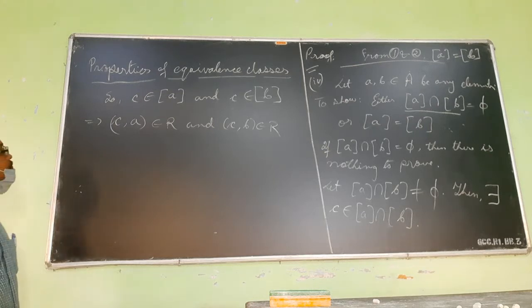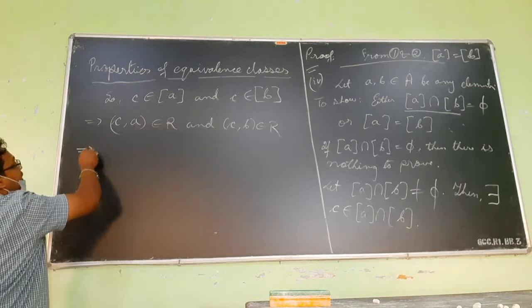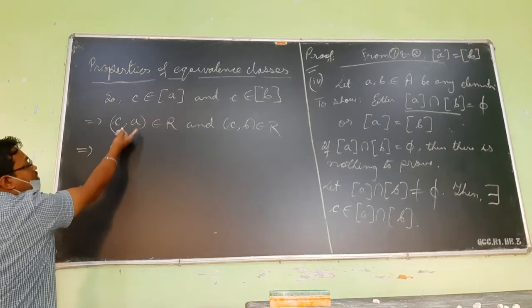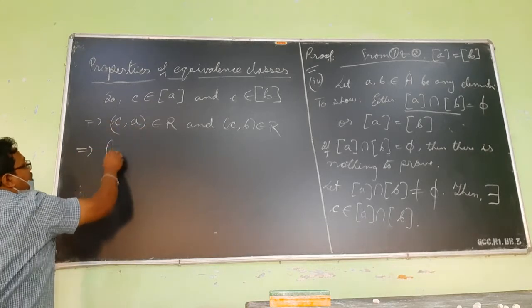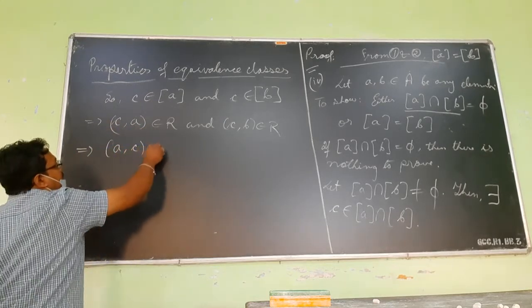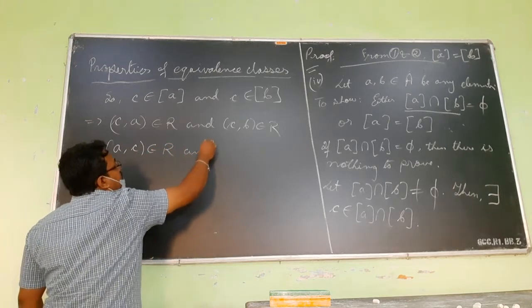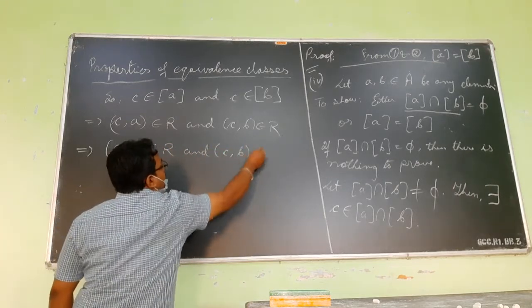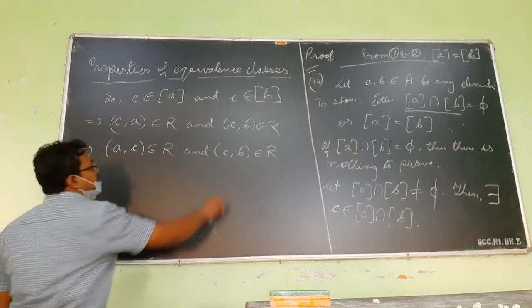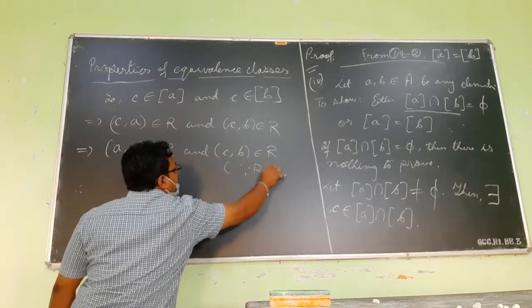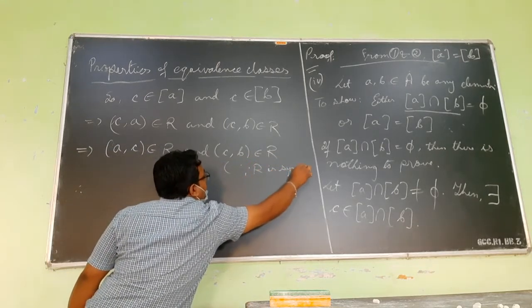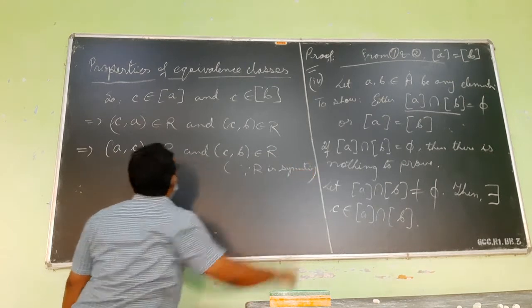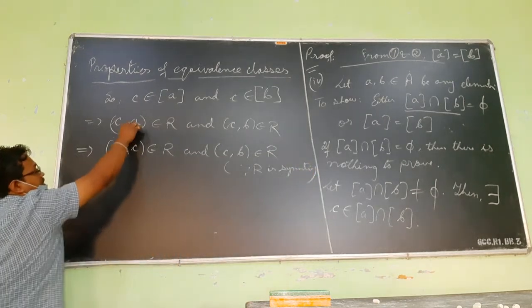So from here I can write R is an equivalence relation. So I can change this order. Because R is symmetric, I have changed this.